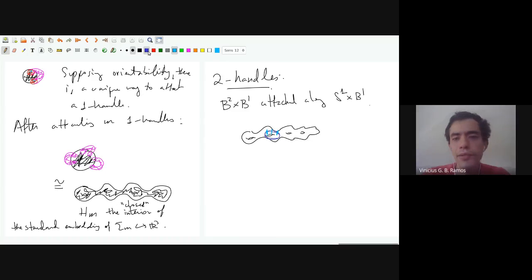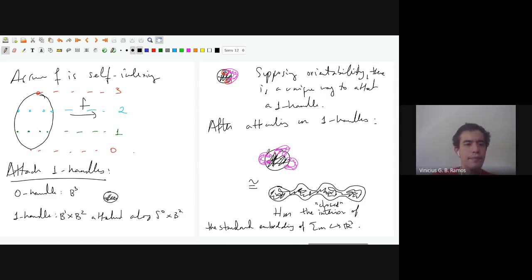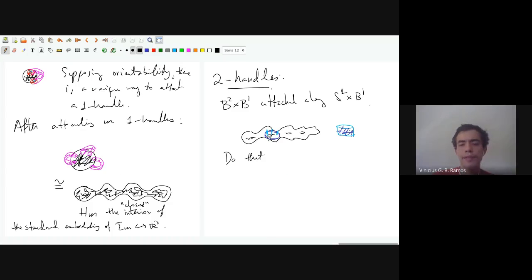So I just glue this guy. Okay, so I have to do that a number of times, R times.